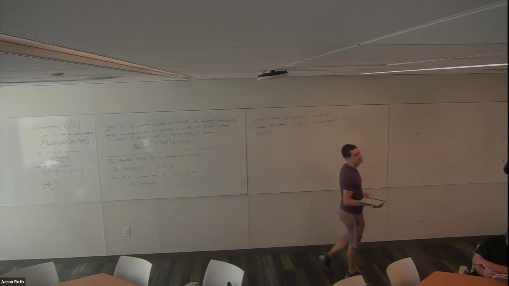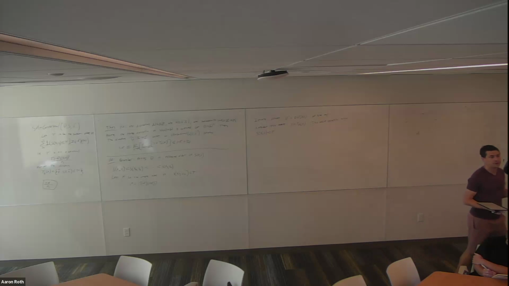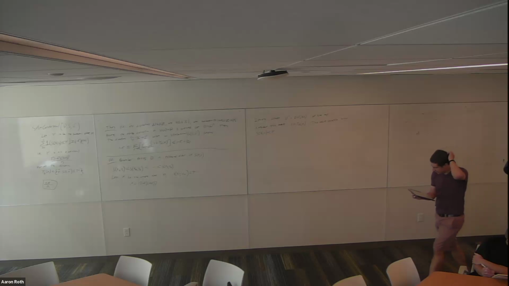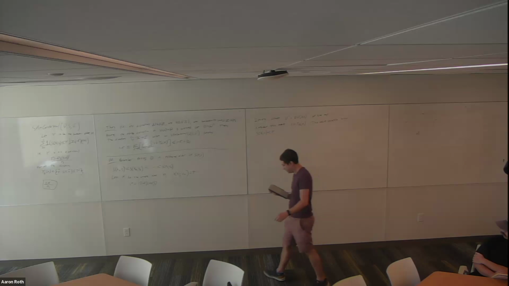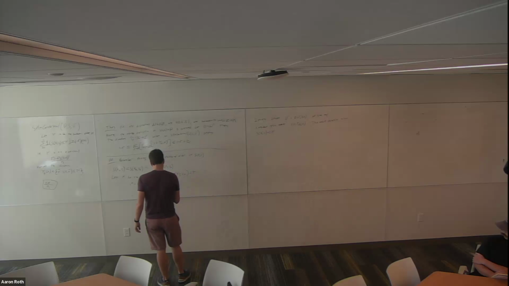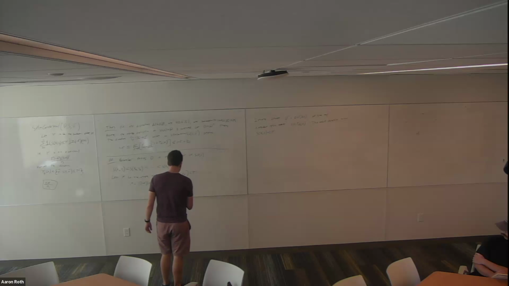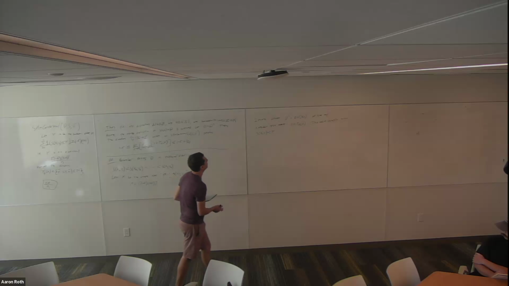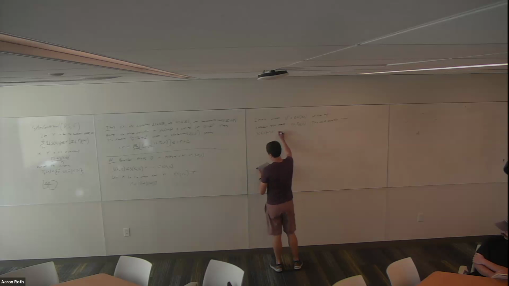So it'll happen exactly when the non-conformity score is less than tau. Well, what's that event?